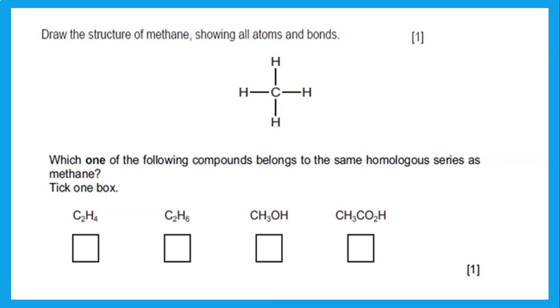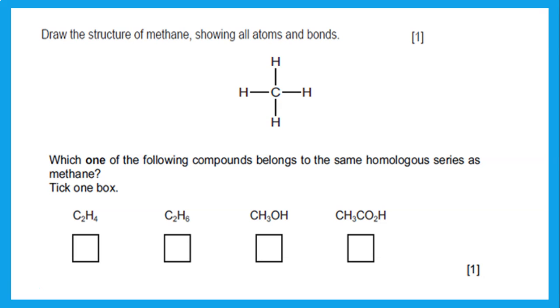Which one of the following compounds belongs to the same homologous series as methane? Again, we said methane is an alkane. General formula is CnH2n+2, and that means if it's an alkane, the number of hydrogens should be twice the number of carbons plus 2.